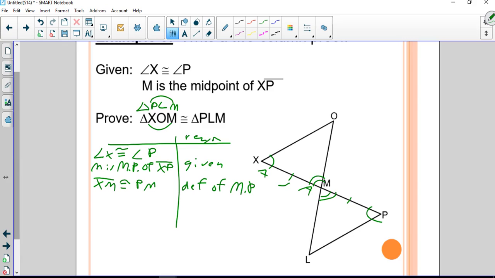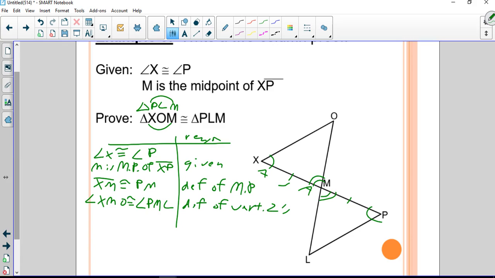Now, we truly have the second of our 3 pieces of information. And now we're just going to say angle XMO, I'm starting at the 1 arc mark down Highway 1, is congruent to angle, start at the 1 arc mark, P, travel on Highway 1 to L. And that is definition of vertical angles.